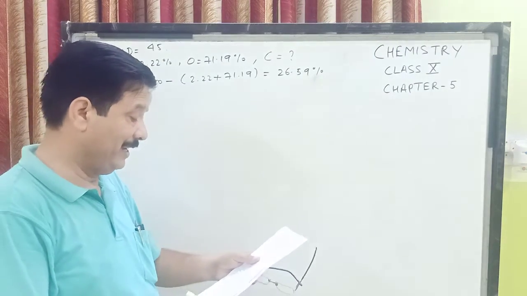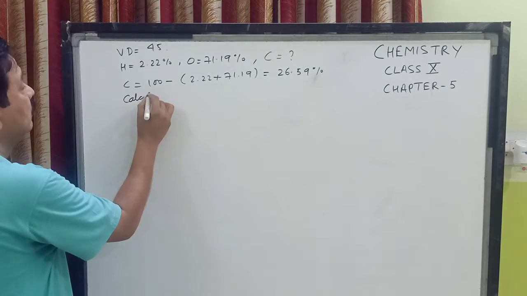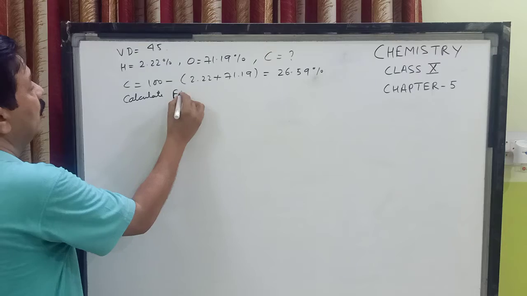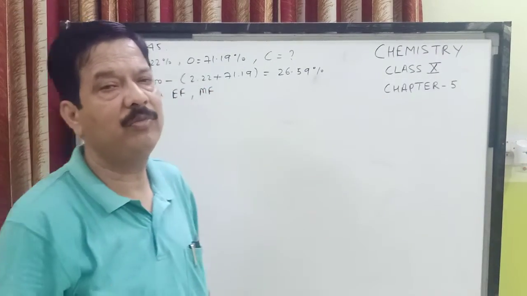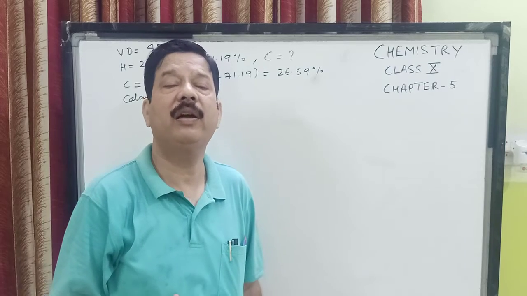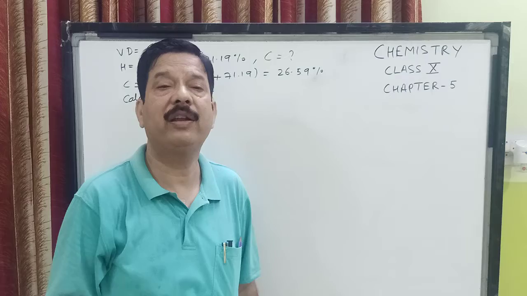And now it is asking us to calculate the empirical formula and molecular formula. Molecular formula is the actual number of atoms of different elements present in a compound, and empirical formula is the simplest whole number ratio of different atoms present in a compound.